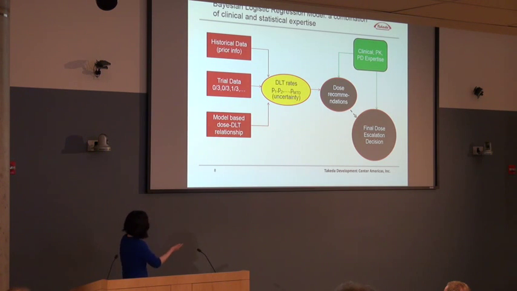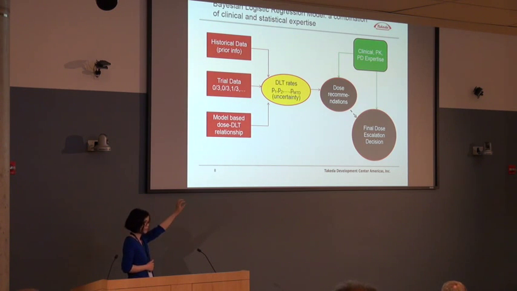So with this slide, I wanted to show that we present the model-based designs as a way where we have the prior information, the trial data we observe, and the model, and then we have the estimated posterior, and then we recommend a dose.